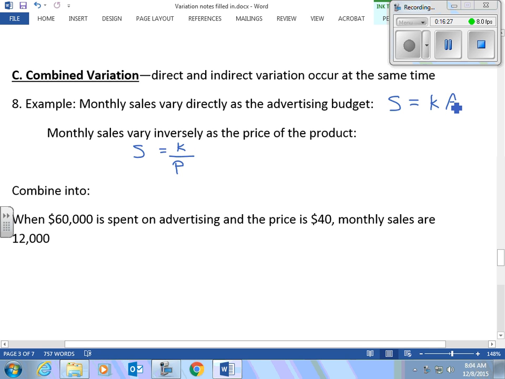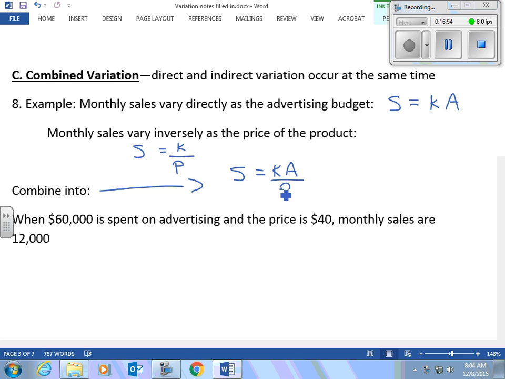So we could put those two things together to get a new formula that would say that sales equals KA divided by P. So there could be some constant that we multiply by A and then divide by P, the price, to get our monthly sales.